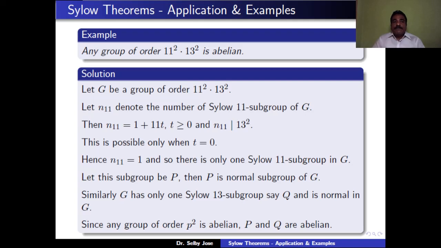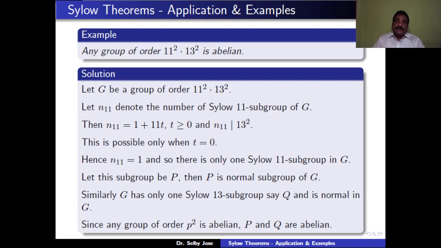Therefore, 1 plus 11t divides 13 squared, and this is possible only if t is equal to 0. Therefore, N11 is equal to 1. Therefore, G has only one Sylow 11 subgroup.